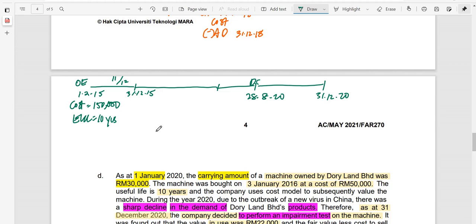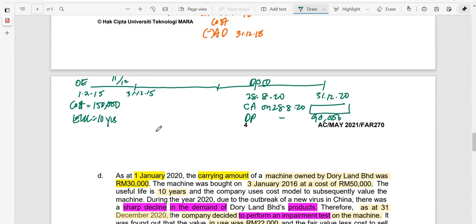So this is DOD, date of disposal, where we have to compare the carrying amount on 28th of August with the disposal proceed that you receive on the same date. And the disposal proceed was earlier informed to be 90,000. So we need to go and find out what this amount is.